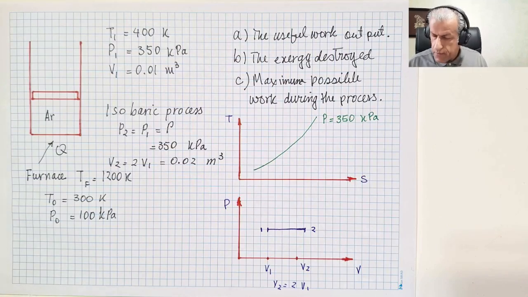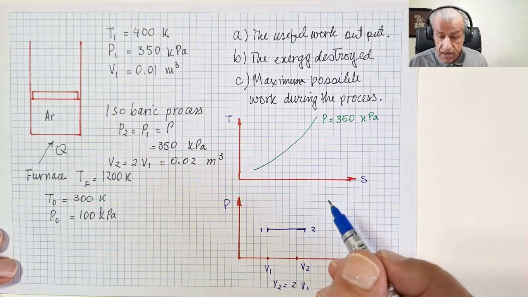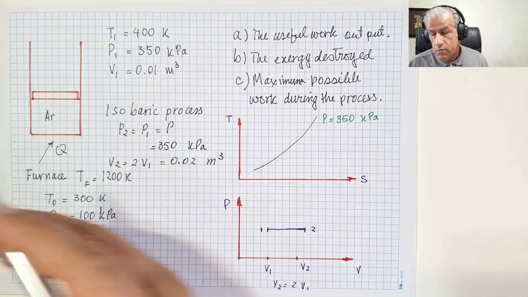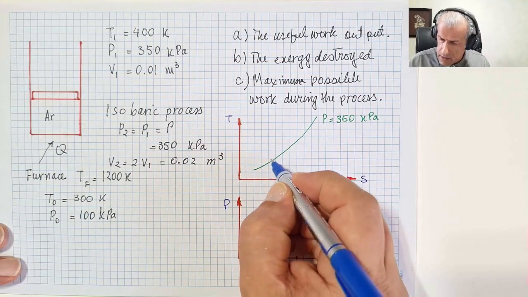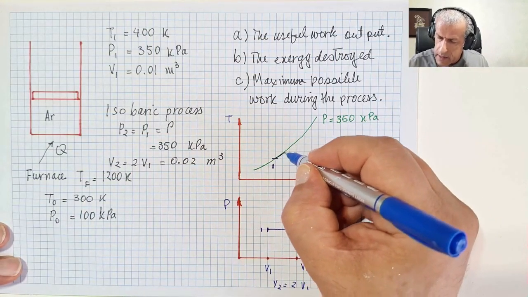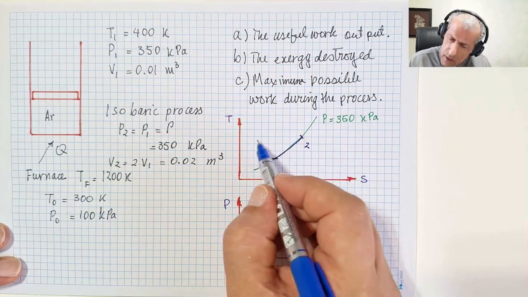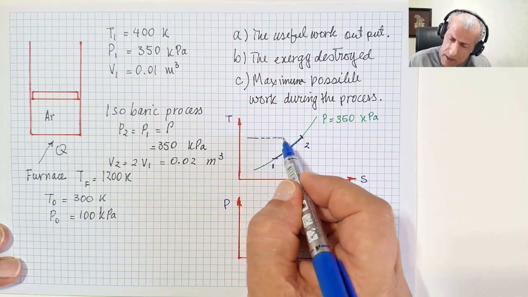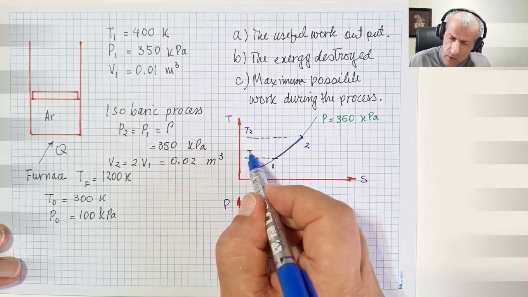Certainly the temperature increases, you're heating argon, and also there would be some increase in entropy. So this would be point 1, and the process goes to somewhere like point 2, and this would be T2, and this would be T1. We know that T1 is 400 Kelvin. For T2, we don't know what it is.